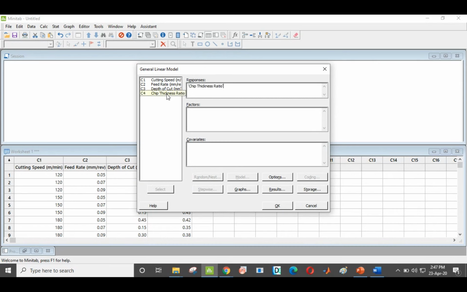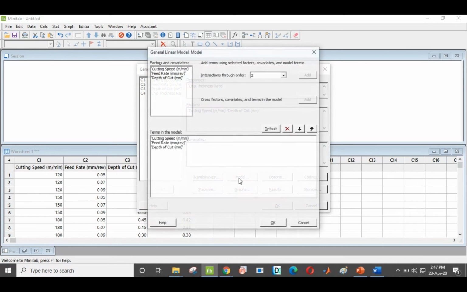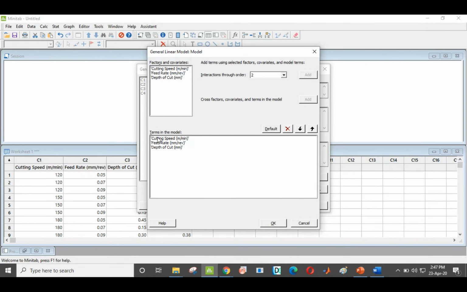In this, the response is chip thickness ratio, and the factors are these three input factors. Select. So here we can see the model that we have selected. The terms in this model are the cutting speed, feed rate and depth of cut.